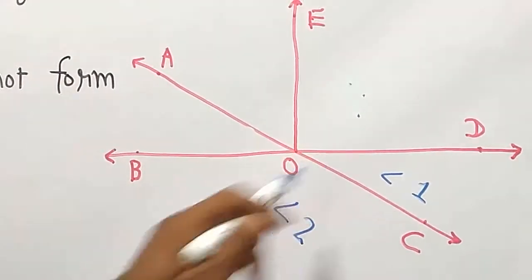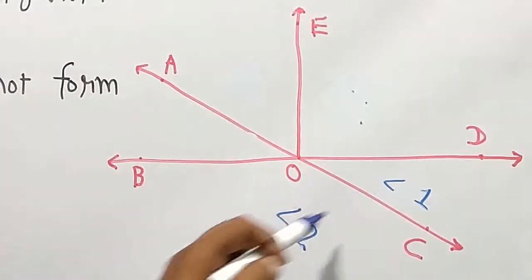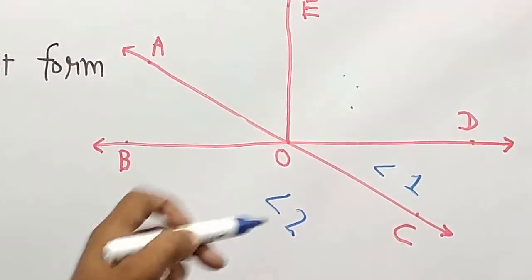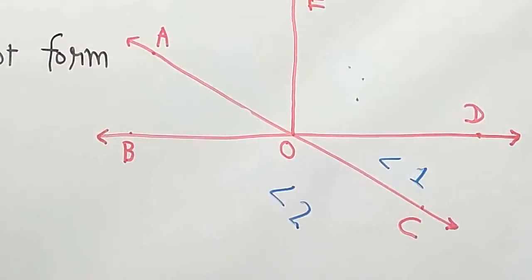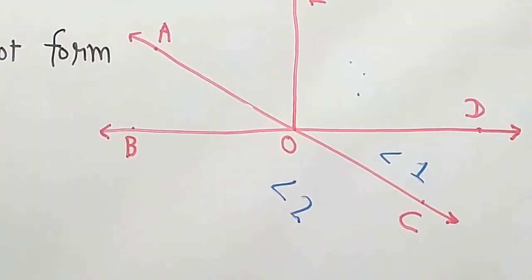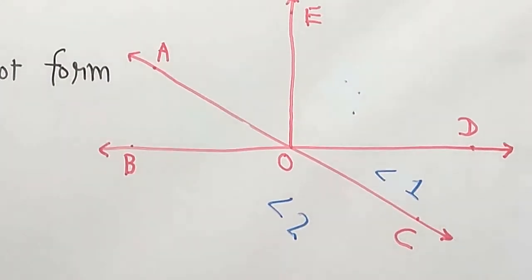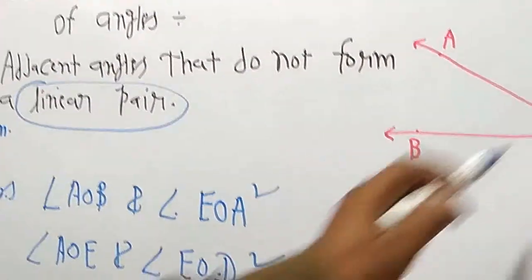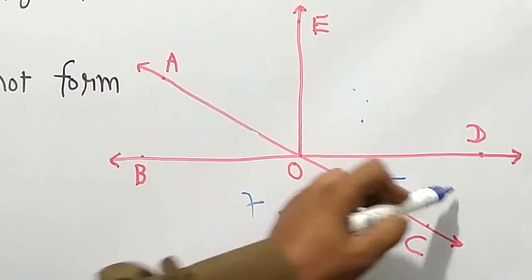When we add the measurements of these two angles, that gives us 180 degrees. And in this case, OD and OB are opposite rays. They form a linear pair. So we cannot write this pair in this answer, because in this part we are searching for adjacent angles that do not form a linear pair. So we cannot write this. It is not the required part.